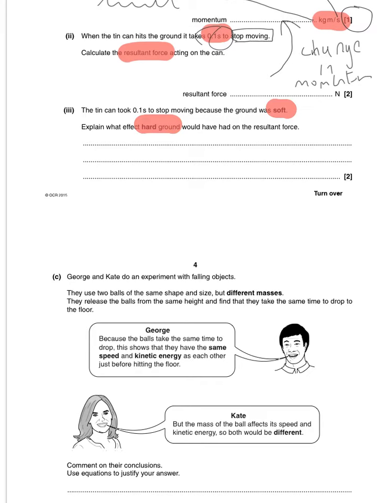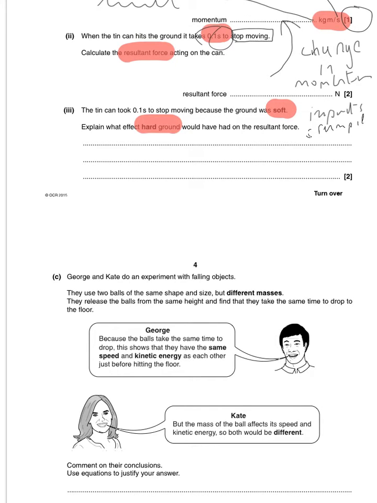Now, nowhere in the aspect does it talk about soft and hard ground, but what it does talk about is impacts, and particularly things like crumple zones and airbags.